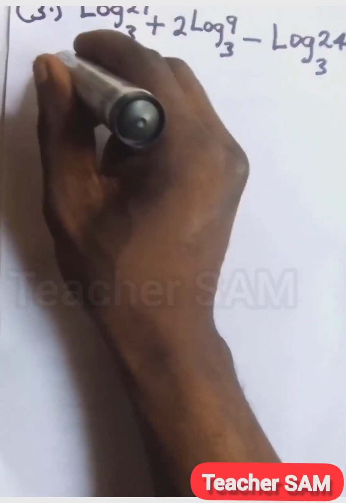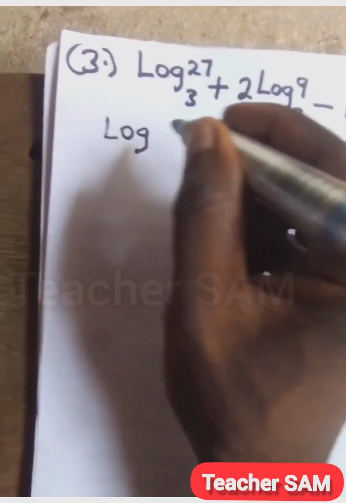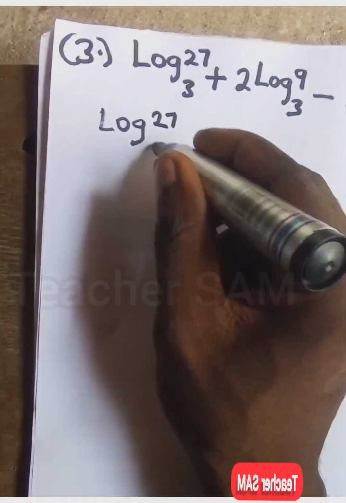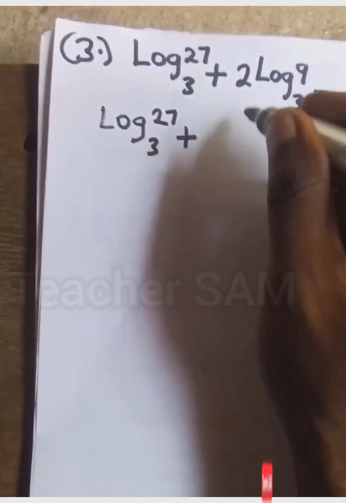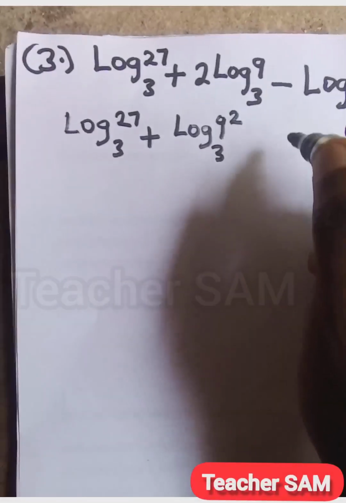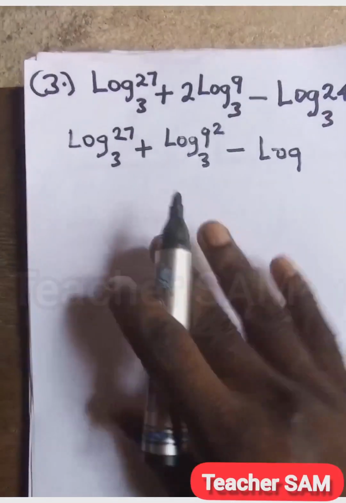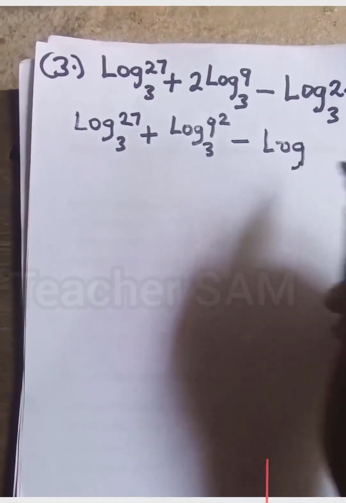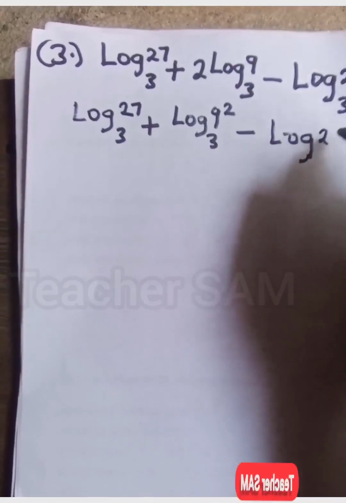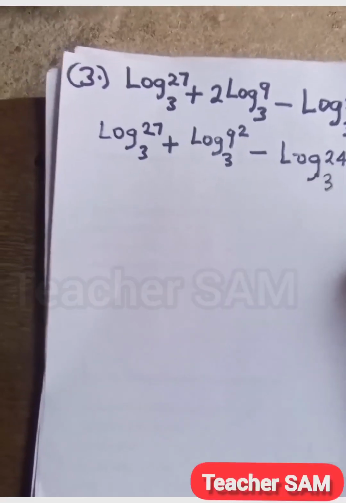Now this is the same thing as having log 27 to base 3 plus, now this will go over to this side, log 9 raised to power 2 to base 3 minus log 243 to base 3.